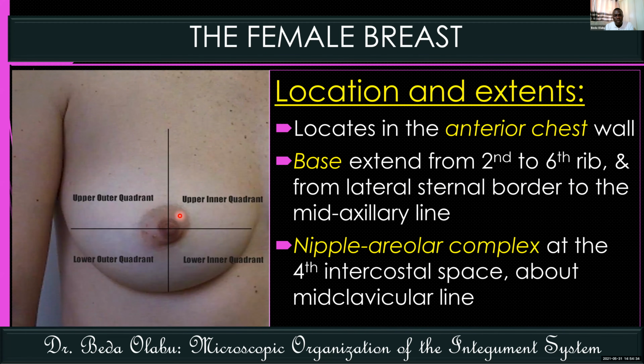This region here is what we call the nipple areolar complex. The areola is the hyperpigmented region around the nipple, and the nipple is the projection. The nipple in particular is located around the mid-clavicular line, the line through the middle of the clavicle, and along the 4th intercostal space.